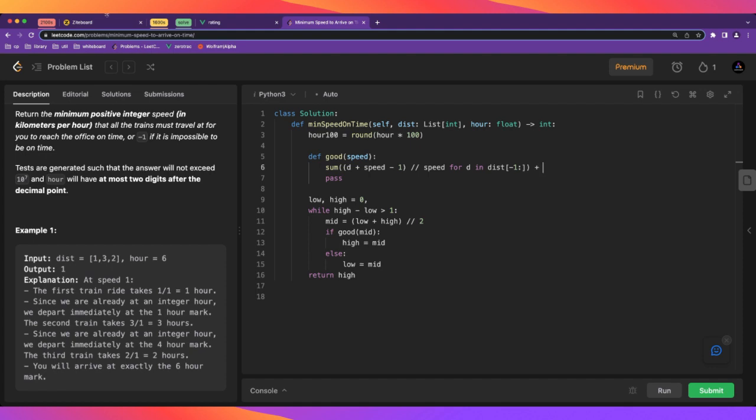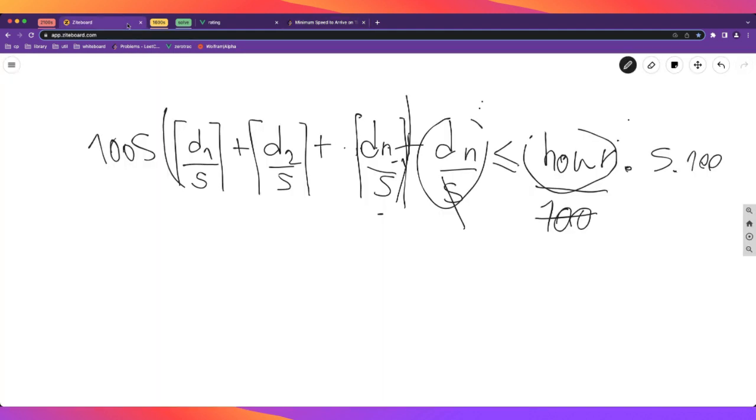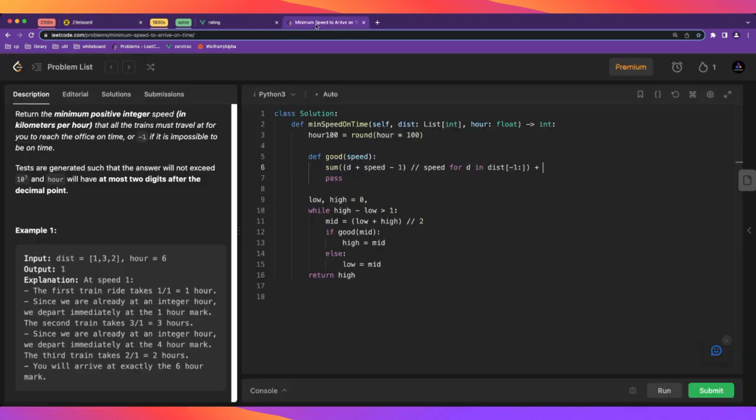So then what did we say here? Here we have to be careful because this 100 is multiplying. So S is multiplying this, which is the speed, and this, then the 100 is multiplying everything.